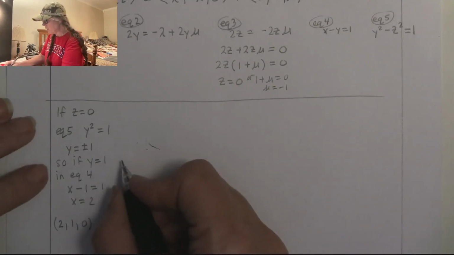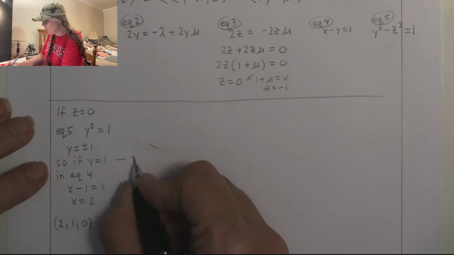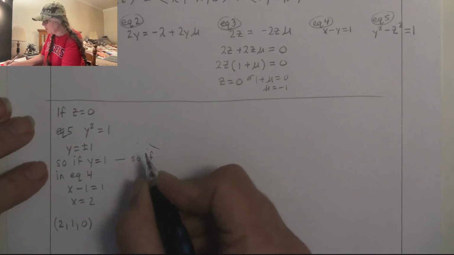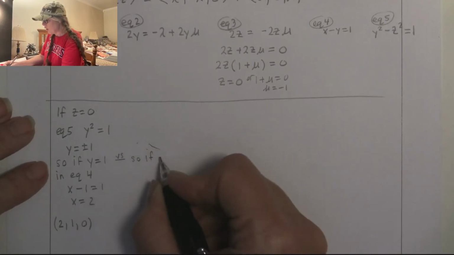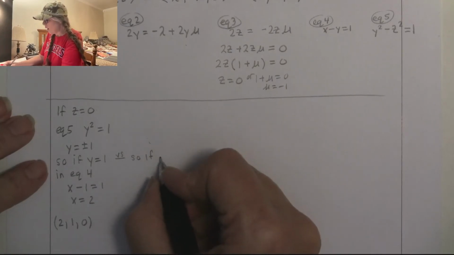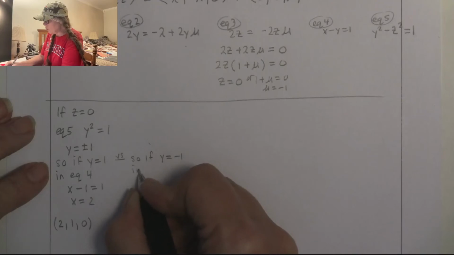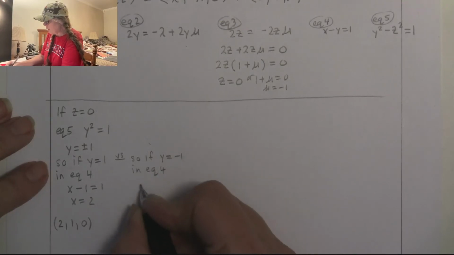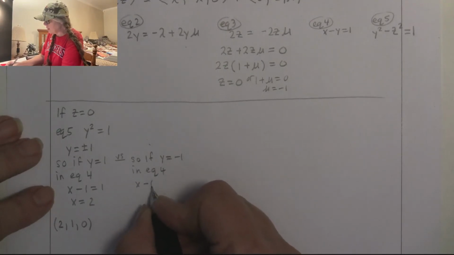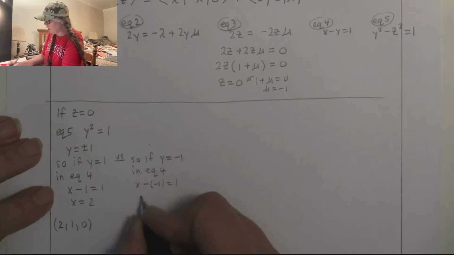And then also y could be negative 1, right? On the other hand, y could have been negative 1. And in equation 4, we get x minus negative 1 equals 1. So x plus 1 equals 1.